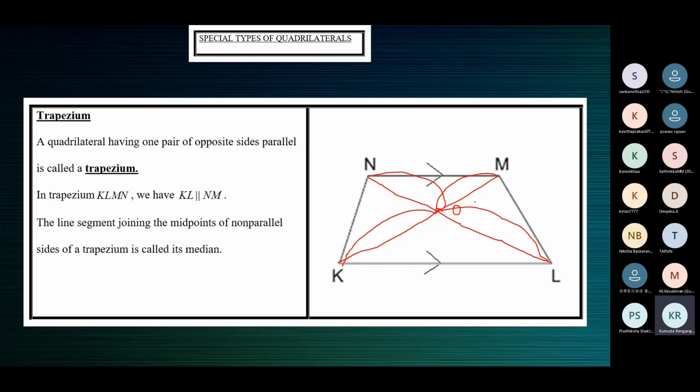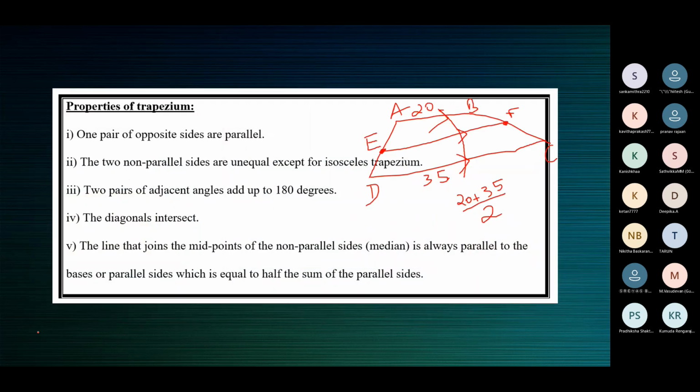They cut each other equally. Okay, so here the diagonals intersect at O, not bisect at O. So that also we know that they intersect.